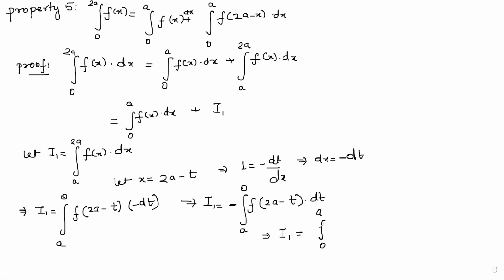So ये positive हो जाएगा. So we will get f(2a minus t) dt.